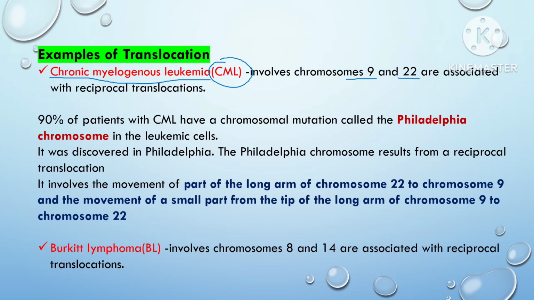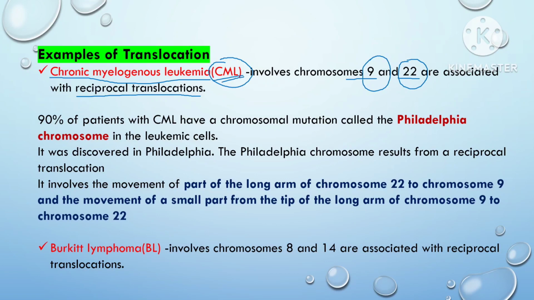These two chromosome segments are translocated to each other. This is reciprocal translocation. As I already said, reciprocal means if you give me something, I have to give you something. So this type of exchange of segments is happening between 9 and 22, and because of this, CML happens.